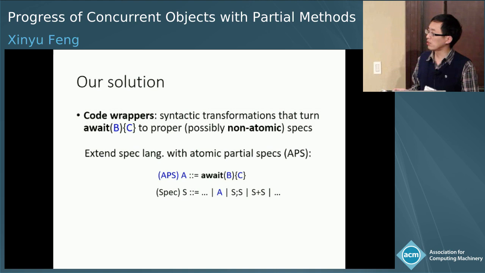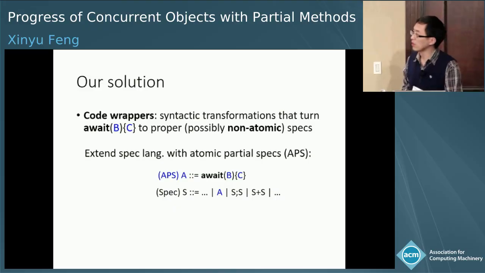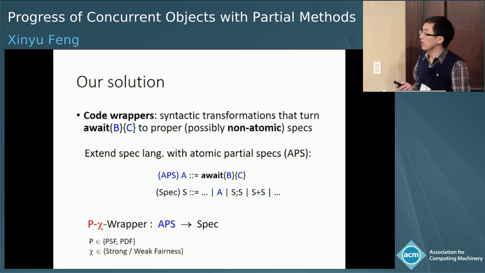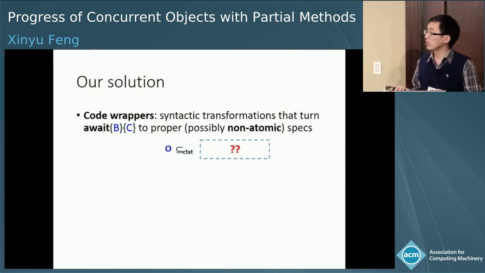In addition to this atomic await command, it also includes some non-atomic composition of atomic operations. And then our wrapper is just a syntactic transformation which turns await into these general specifications. Also, it's parameterized over progress properties and fairness. Okay. And so the goal is to fill this hole here to have a contextual refinement.